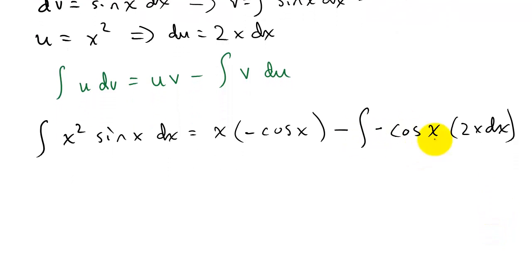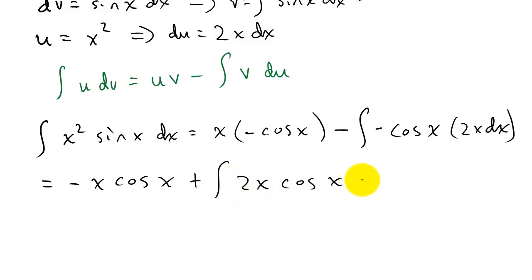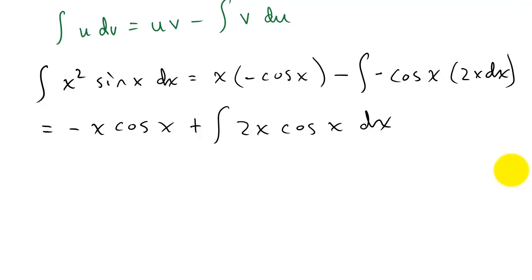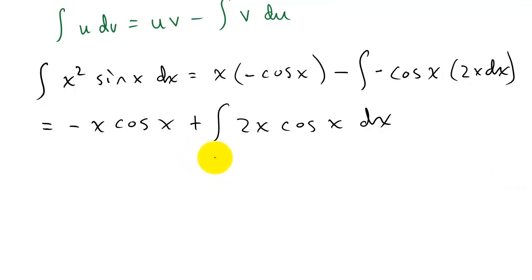Alright, so let's just go ahead and rewrite this, clean it up a little bit. So I get negative x squared cosine x, and then the minus, I'll bring that out, so that'll be plus the integral of 2x cosine x dx. Alright, so looking at what we have here, we can't integrate this because of the x here.